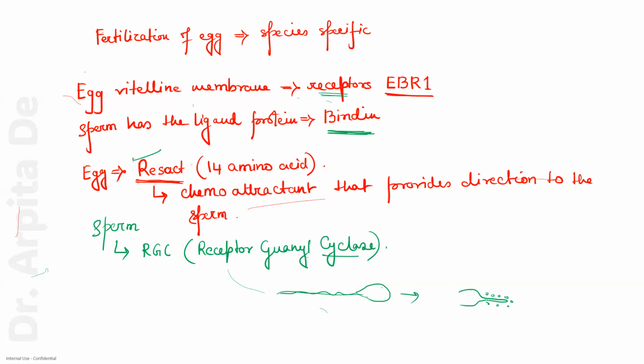Clear? So this is what is actually happening. Now, once it comes near the egg, it will digest the jelly part of the egg surface and it will fertilize the egg.